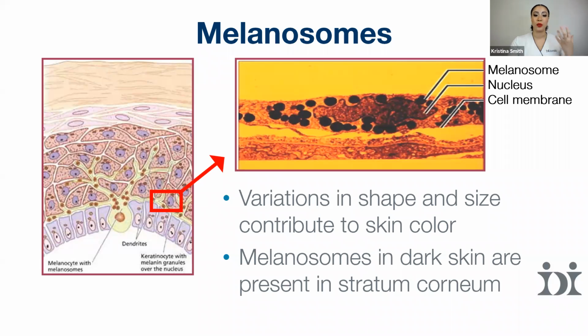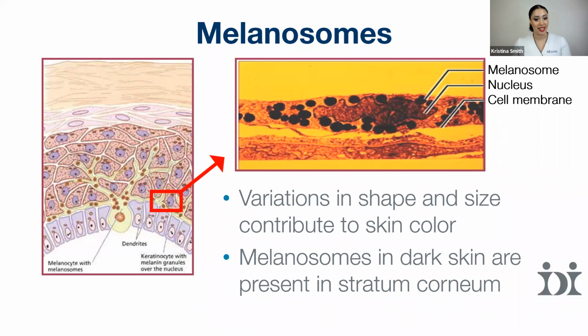So when you exfoliate the skin, you're not taking color off of the skin, because there's actually no color in the stratum corneum. Those melanosomes are gone. They're not present in the corneocytes, which are those flattened dead skin cells.